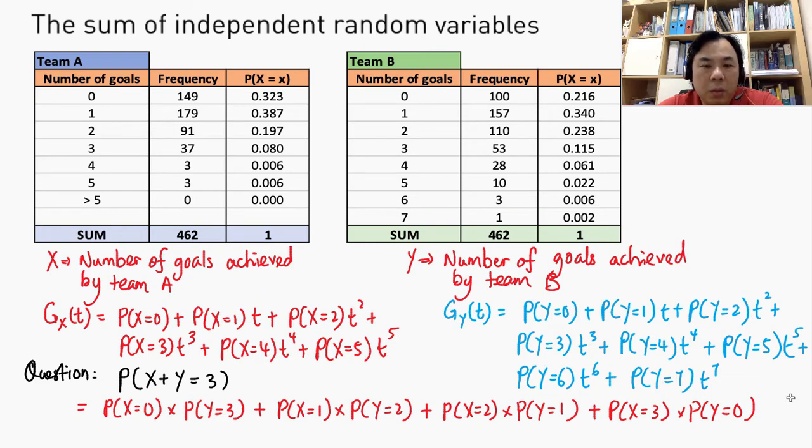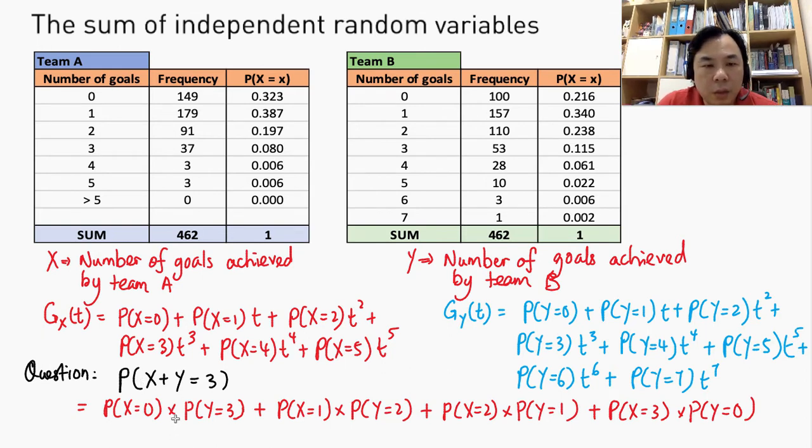Later on, we are going to look at how we make use of probability generating functions, the combined probability generating functions between these two random variables X and Y, to answer this question here. All right.